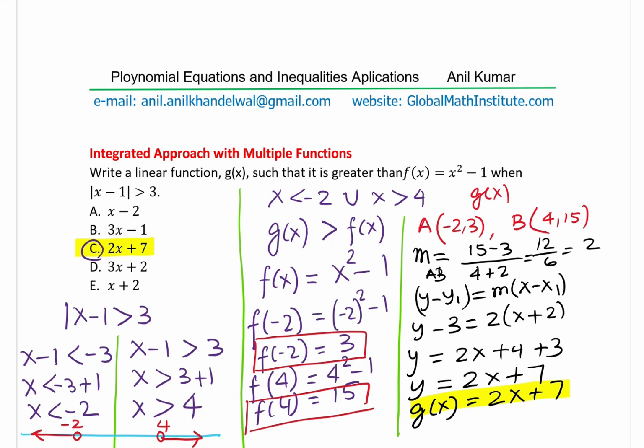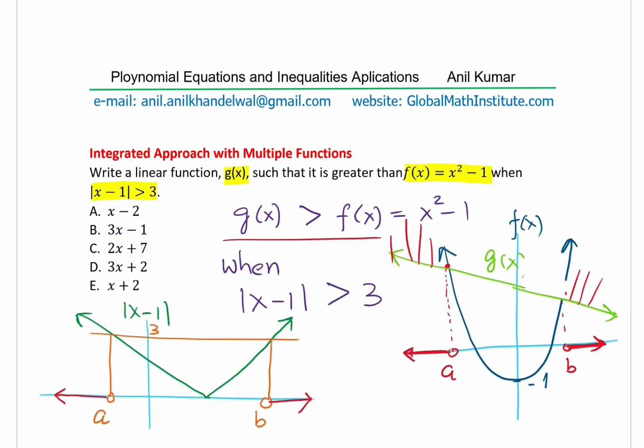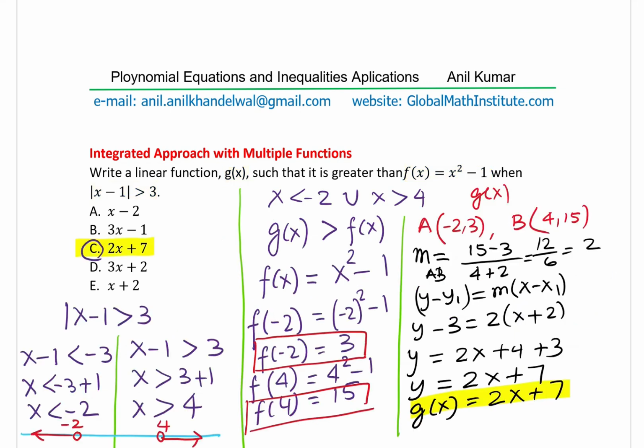Perfect. So let's get back to where we started. We got the interval, which has 2 critical points, minus 2 and 4. We calculated these points: at 4 we had 15, and at minus 2 the point was 3.